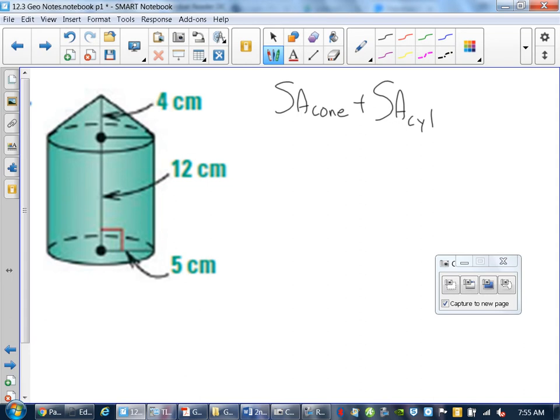Circles. So for this example, I'd find the surface area of my cone, which is pi r squared plus pi r L for the slant height. Surface area of the cylinder, 2 pi r squared plus 2 pi r h, how far apart they are. But then I'd have to subtract out two circles because they got double counted. Does that make sense?